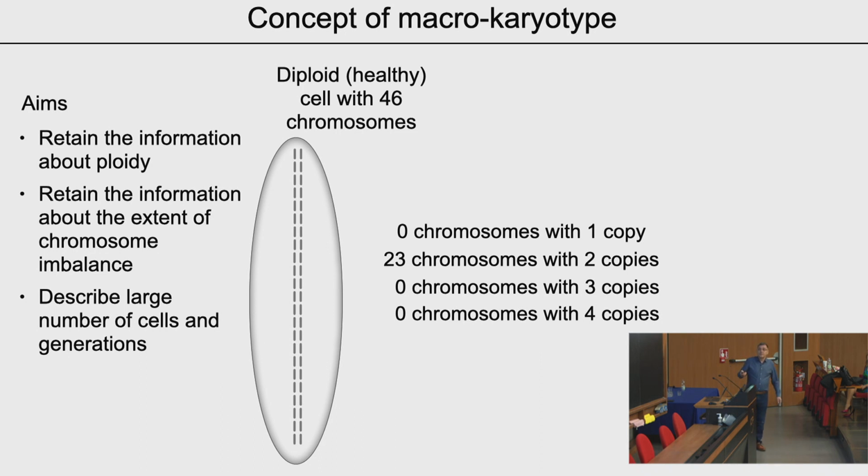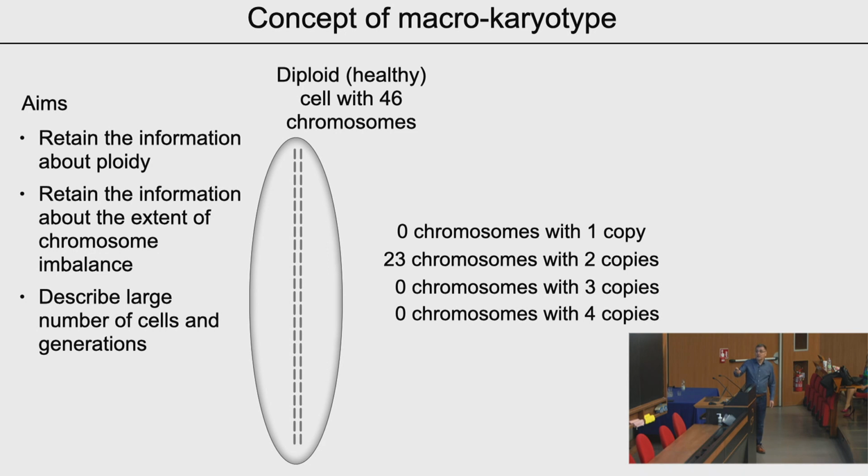And our idea is, if you check how the healthy cell looks like, they have 46 chromosomes. Each of them has 2 copies, and if we count, we have 0 chromosomes with 1 copy, 23 chromosomes with 2 copies, 3 chromosomes with 3 copies, and so on.